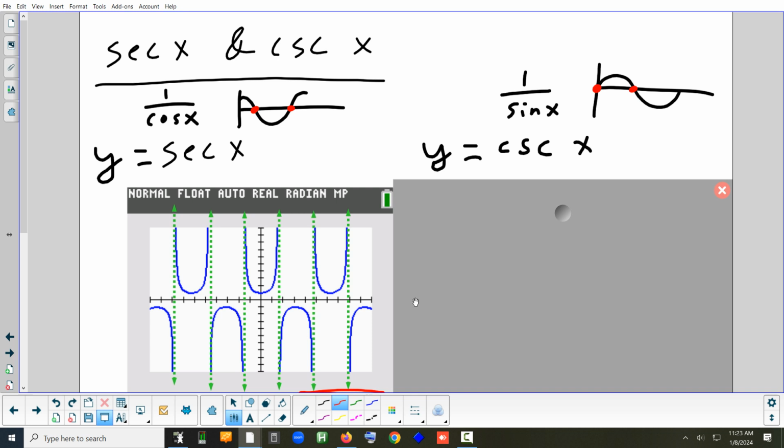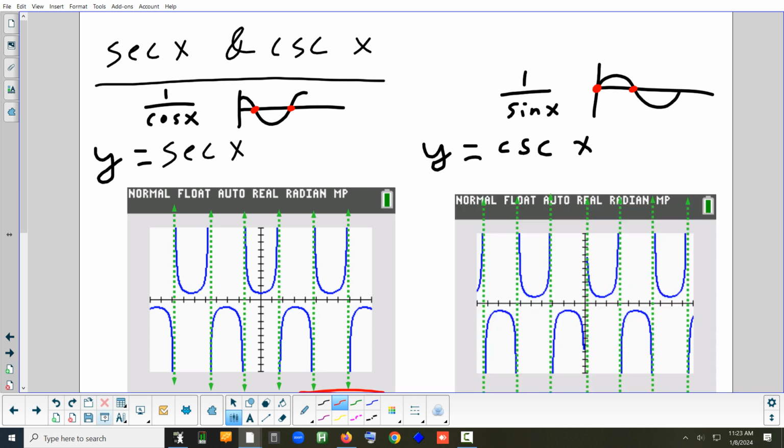Okay, so here's what secant and cosecant look like. They look similar. They both have these kind of U shapes and N shapes. One is basically a shift of the other. We know sine and cosine are shifts of each other by 90 degrees, so are secant and cosecant.